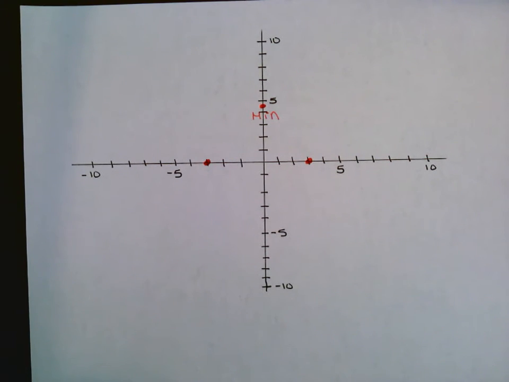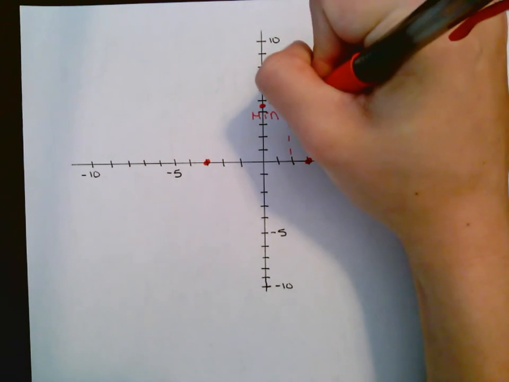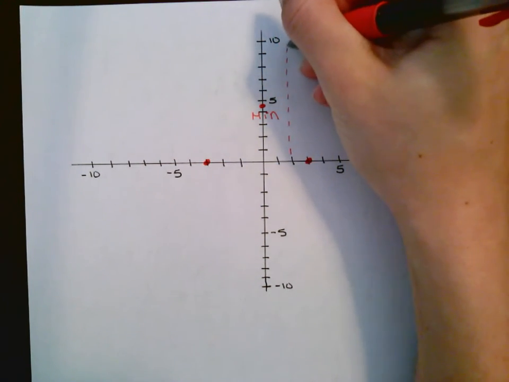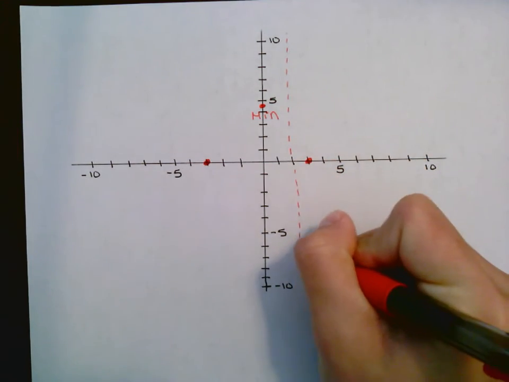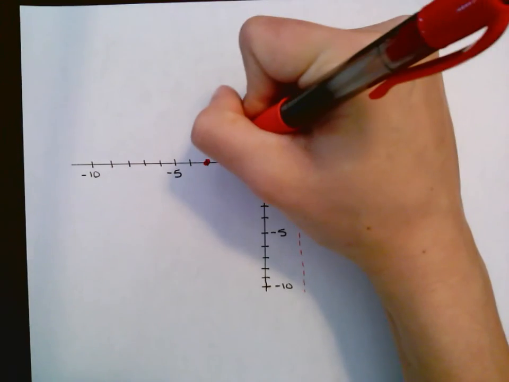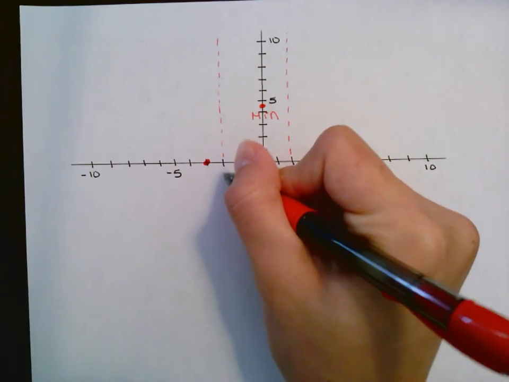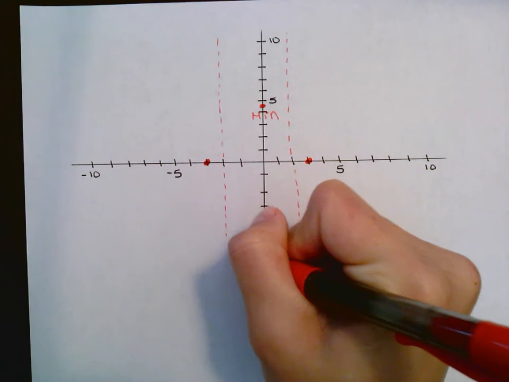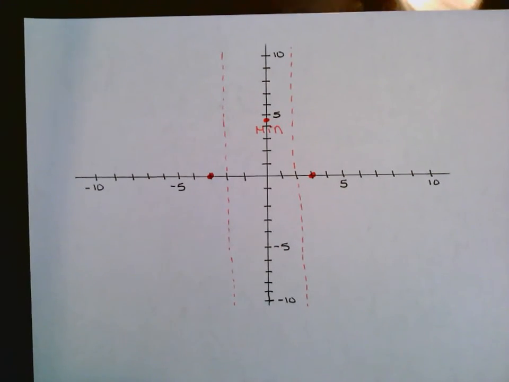The next thing that I have is my continuity. I know that I have 2 vertical asymptotes, one at +2 and one at -2. I also, sorry, bear with my drawings there, it's a little sideways.